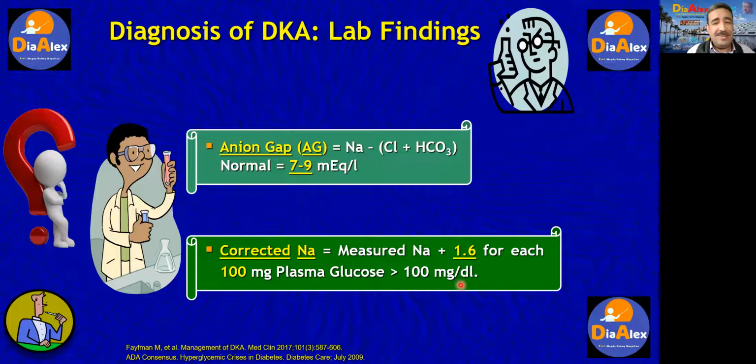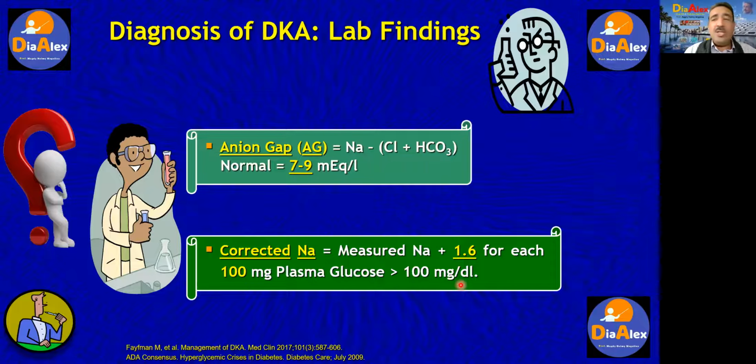What does it mean? Well, if the patient is presenting with blood glucose, for example, of 500 milligram per deciliter, and the lab is reporting that the sodium level is, say, 130.